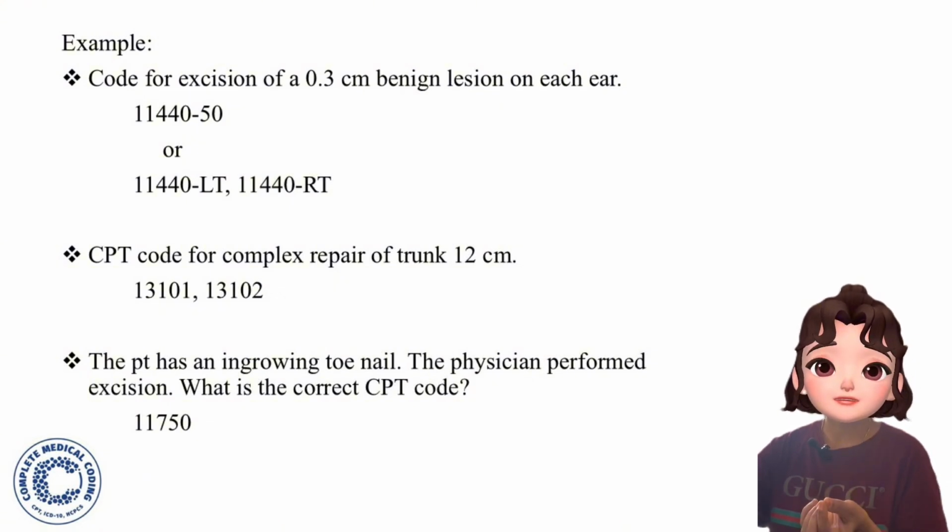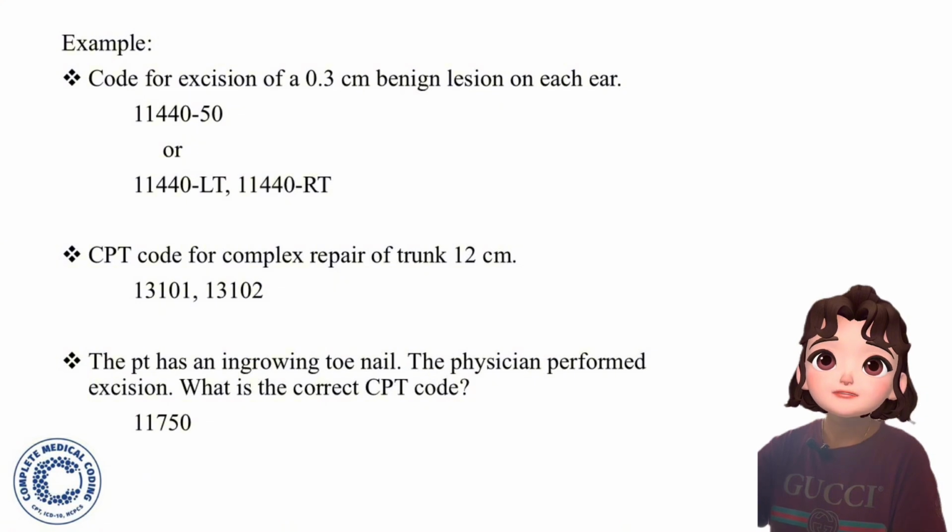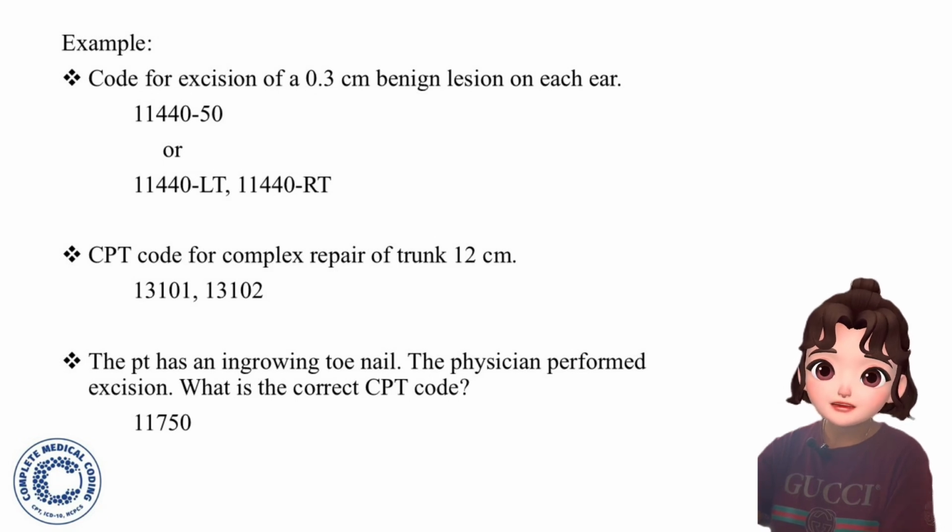It means up to 7.5 centimeter you have to mark the code 13101, and for the additional size you have to mark each additional 5 centimeter as 13102. So 7.5 plus 5, 12.5. Each additional 5 centimeter or less, means up to 5 centimeter, you can add this code, 13102, as an add-on code.